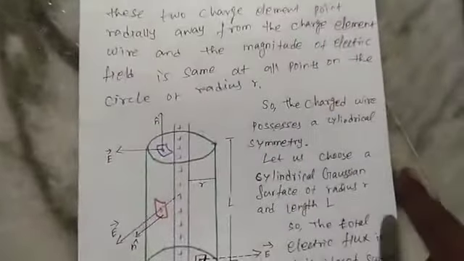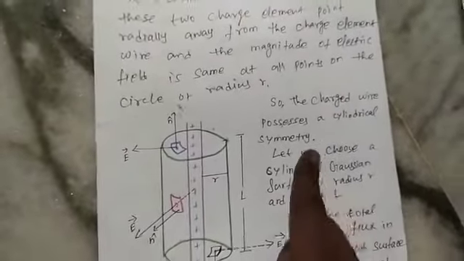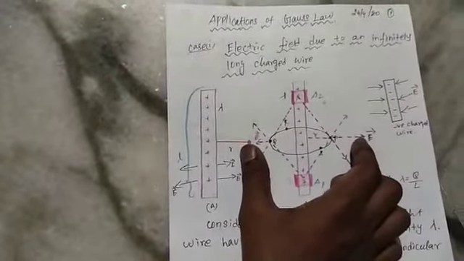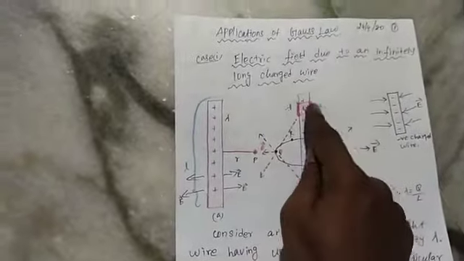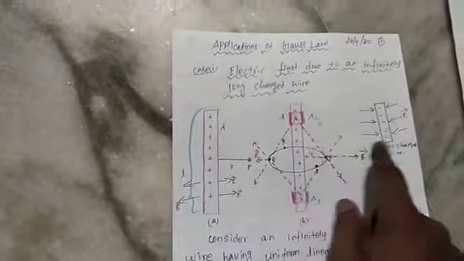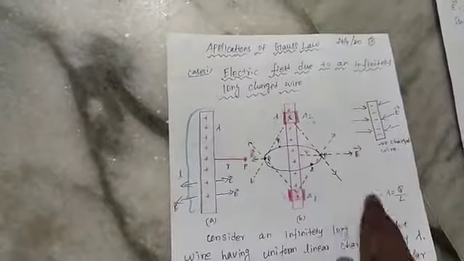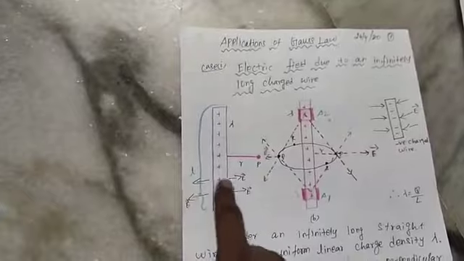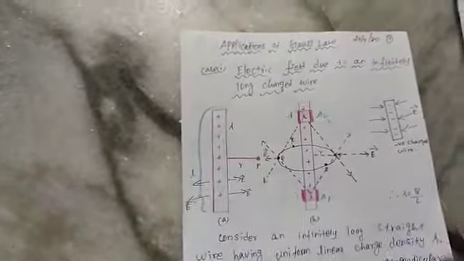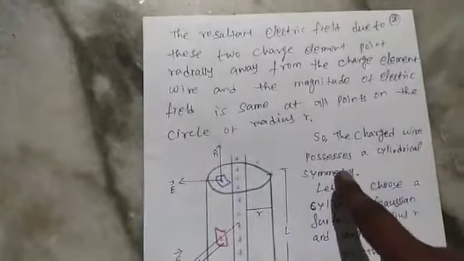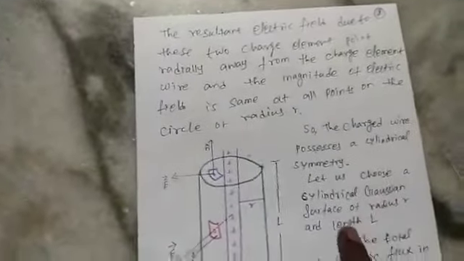So the charged wire possesses a cylindrical symmetry. All the fields are moving away from the conductor.